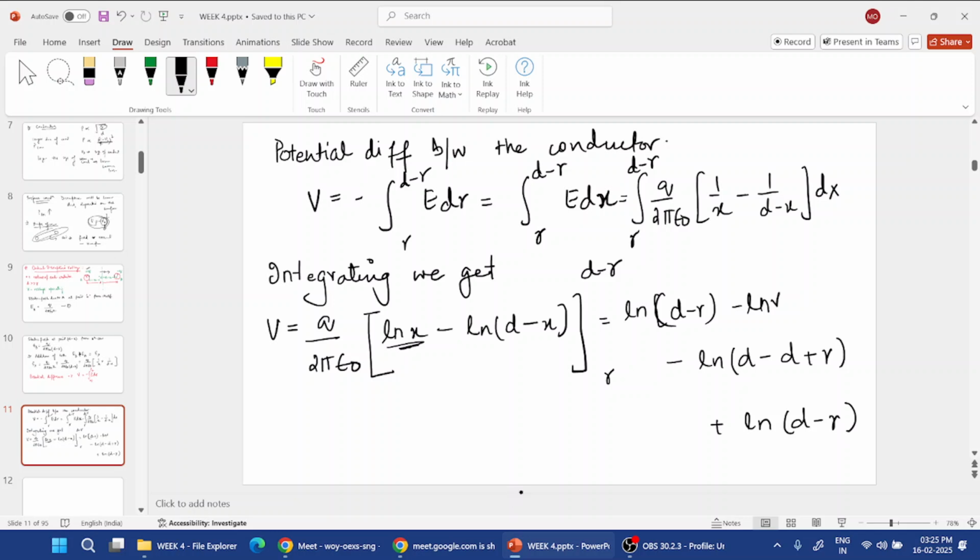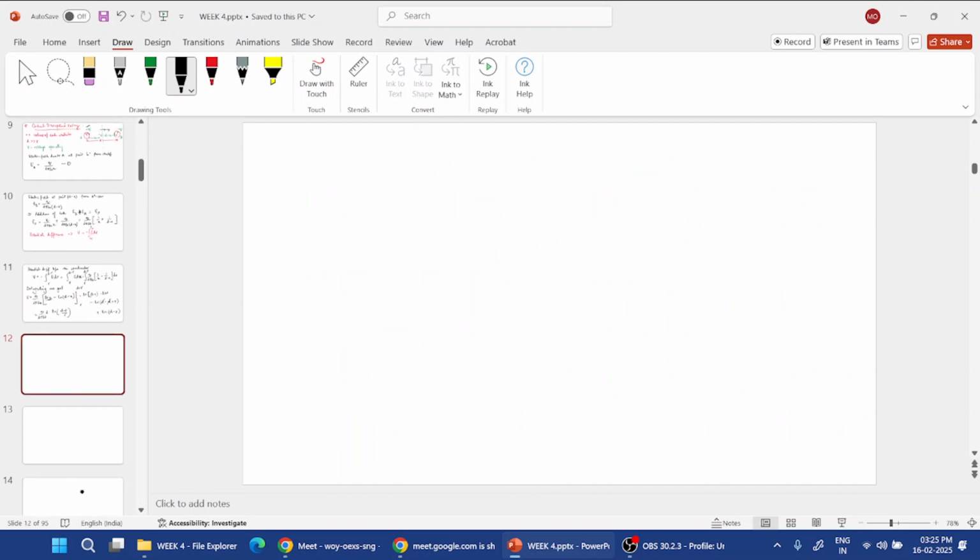So it will cancel out, and what it will be is Q/(2πε₀) times 2 log((d−r)/r). If we cancel out 2, then V will come out to be Q/(πε₀) log((d−r)/r). Let's say this is equation 2.